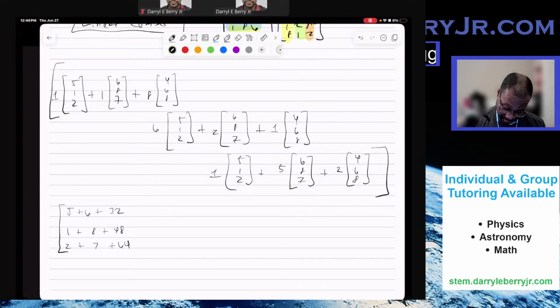Then the next column, 30 plus 12 plus 4, 6 plus 16 plus 6, 12 plus 14 plus 8. And then we have 5 plus 30 plus 8, and 1 plus 40 plus 12, and 2 plus 35 plus 16.